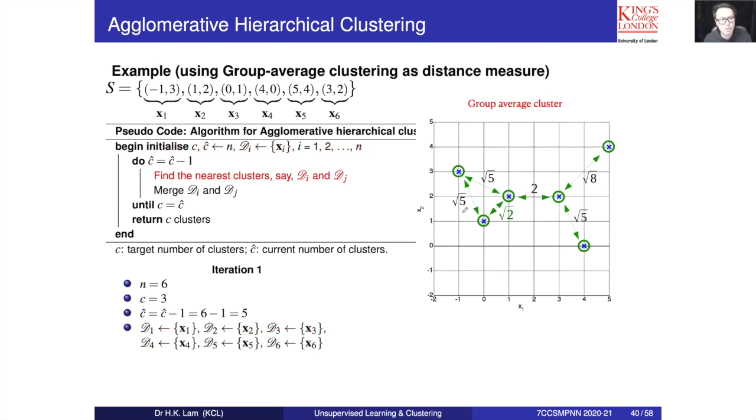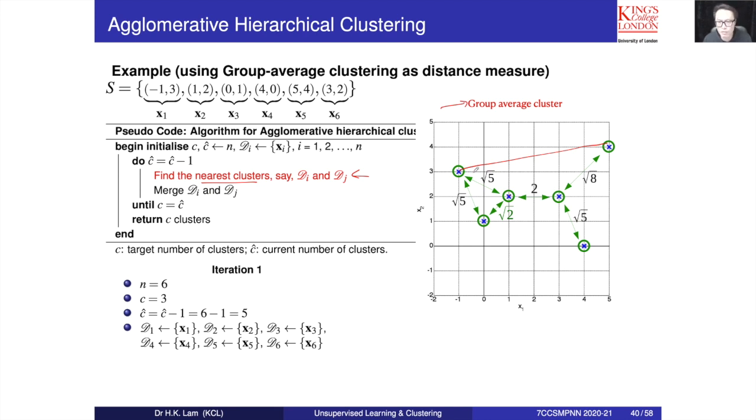Now what we are going to do is find the nearest clusters. In this example, I used the group average cluster distance, and we find the distance between groups. This one with this one, with the other samples. We have to find all the combinations. Actually, we have a distance right here. This diagram, the green line, just shows the distance between adjacent clusters.